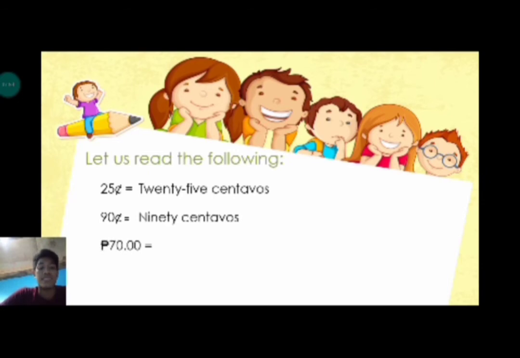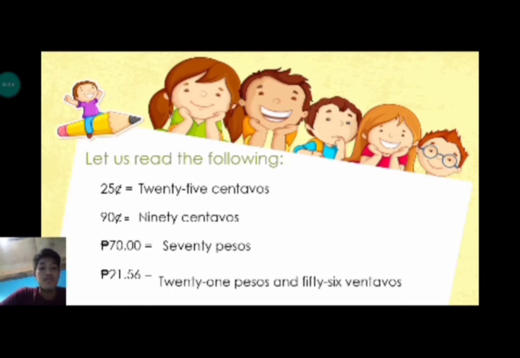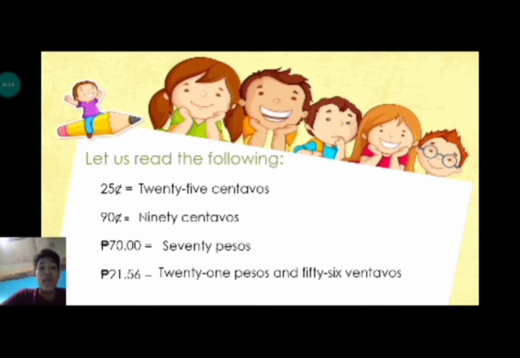How about this? Yes, it's 70 pesos. Next, how do we read this? Yes, it's 21 pesos and 56 centavos.